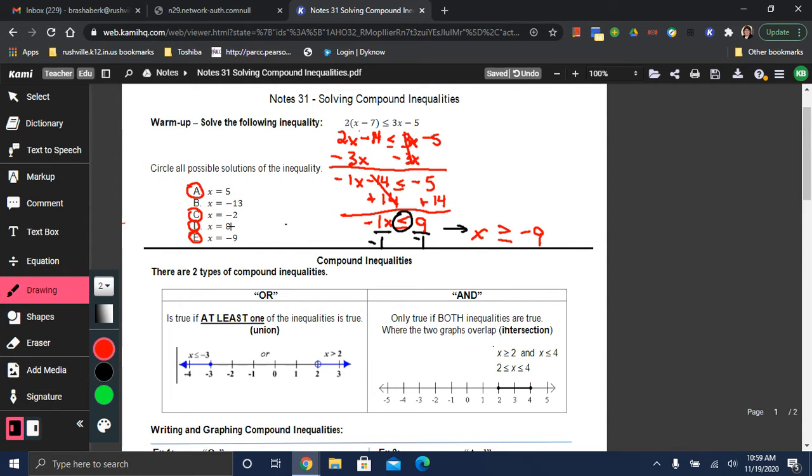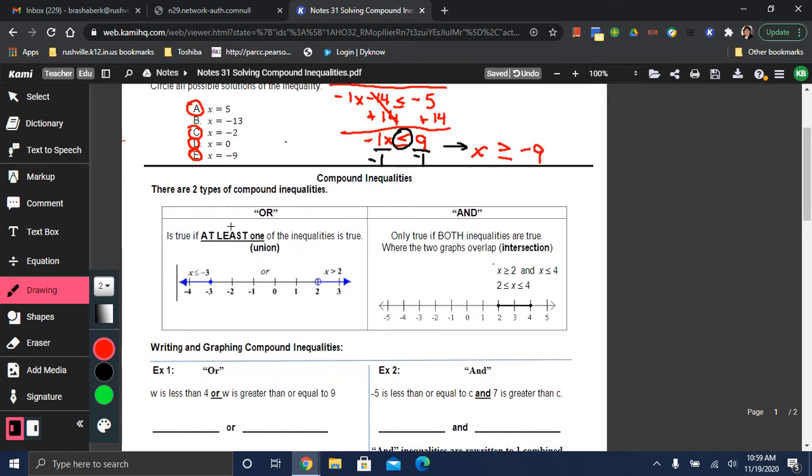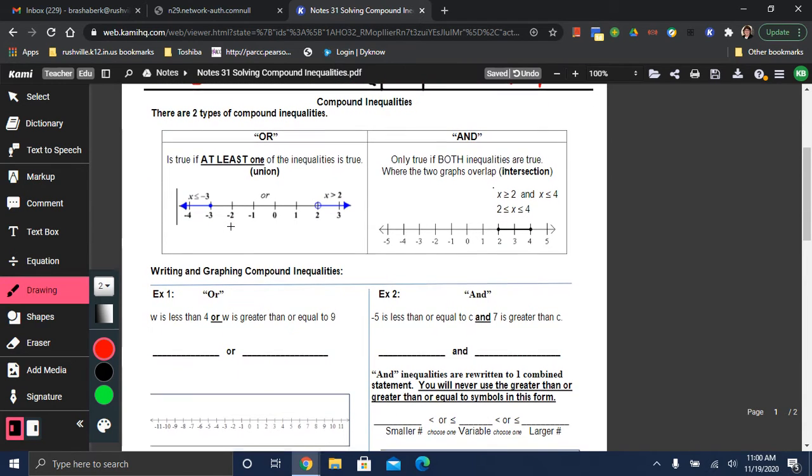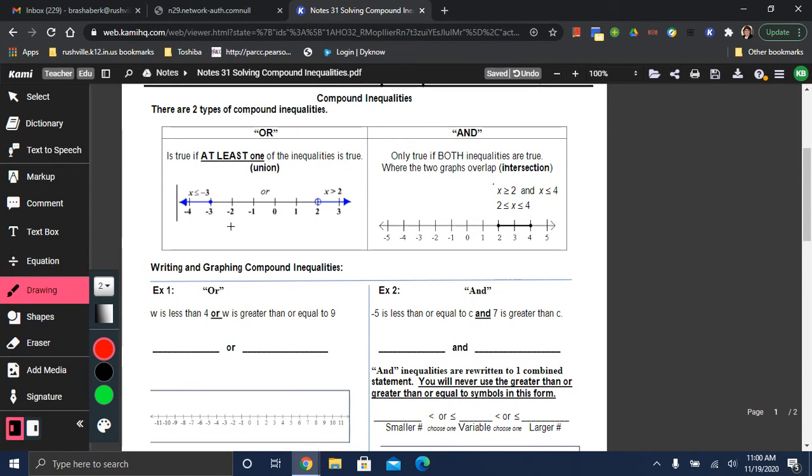So we will move on and take a look at our actual lesson for today, which is compound inequalities. And you'll see with compound inequalities that we have 2 options. One option is when the word or is used, and another option is when the word and is used.